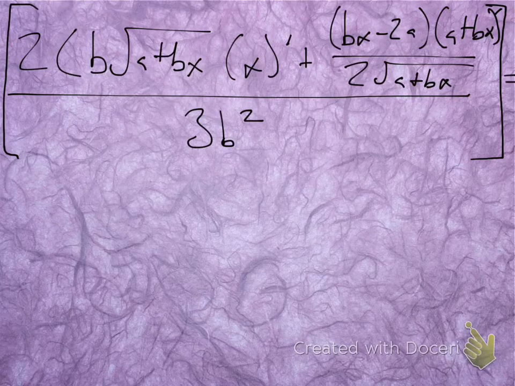all of this is equal to, well, let's see, we still have prime, so let's differentiate these sums by their terms and factor out constants.